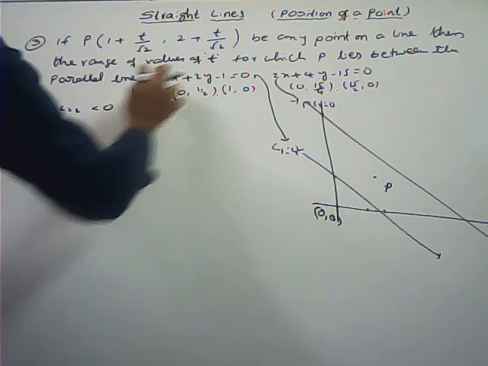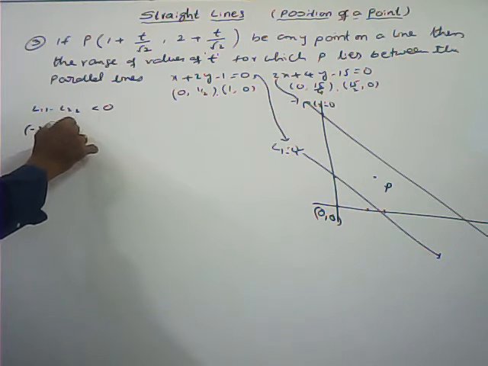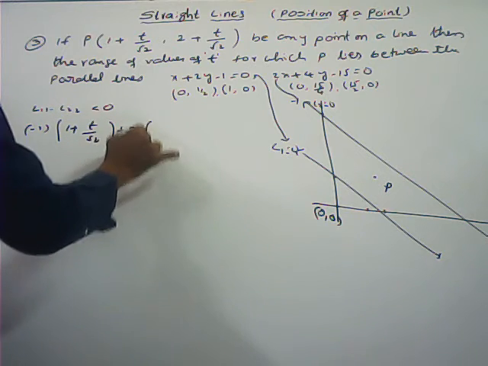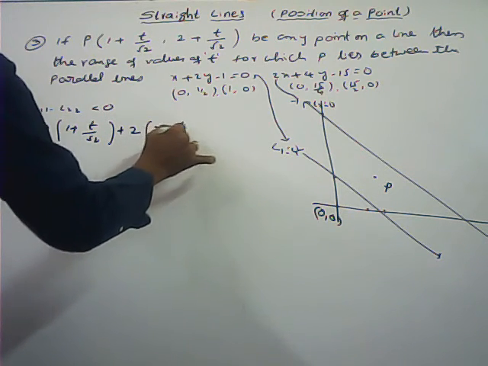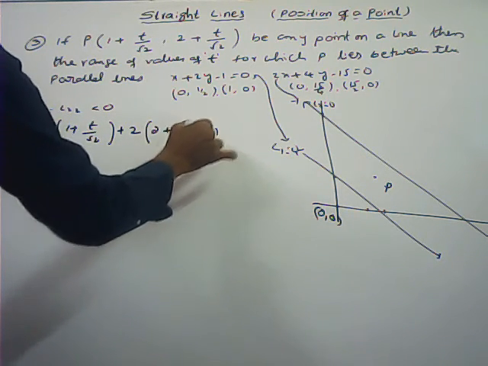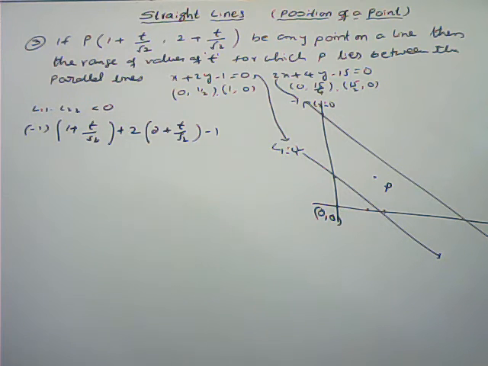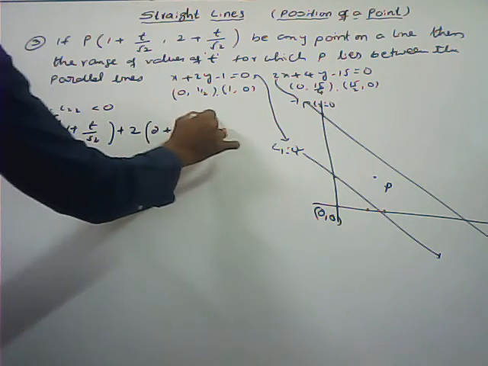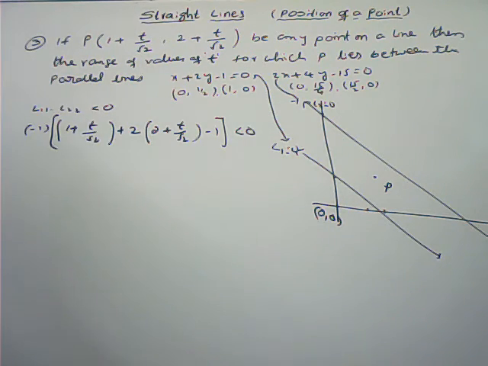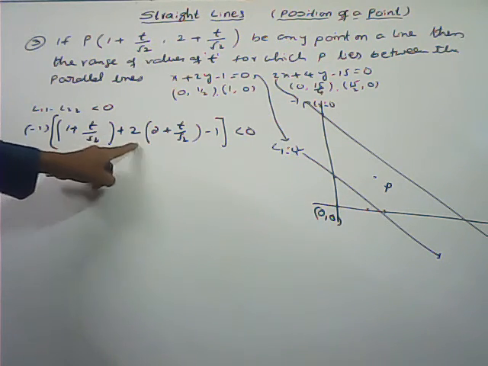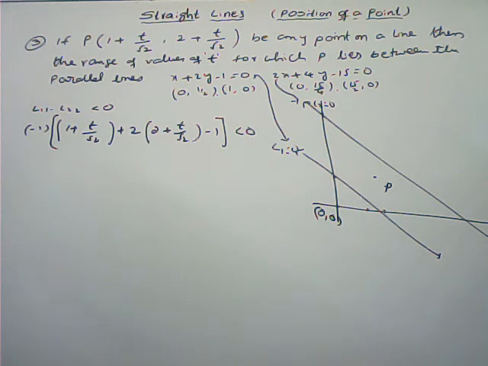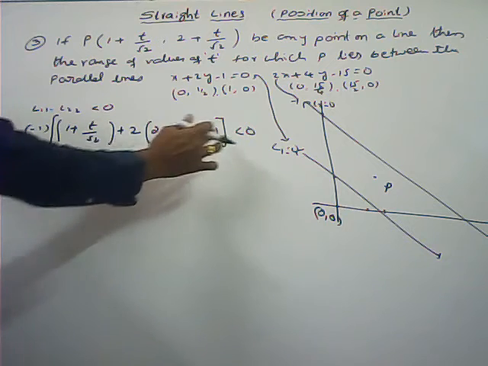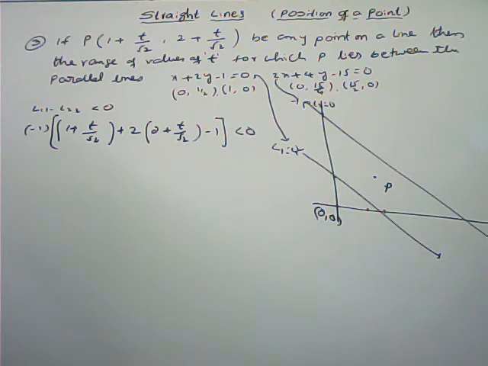And what about the point P? 1 plus t by root 2, plus 2 into the y value, 2 plus t by root 2, minus 1. This is L11 into L22, which is less than 0, for x plus 2y minus 1. Now a negative is there; if I multiply with minus, the sign changes, less than becomes greater than.